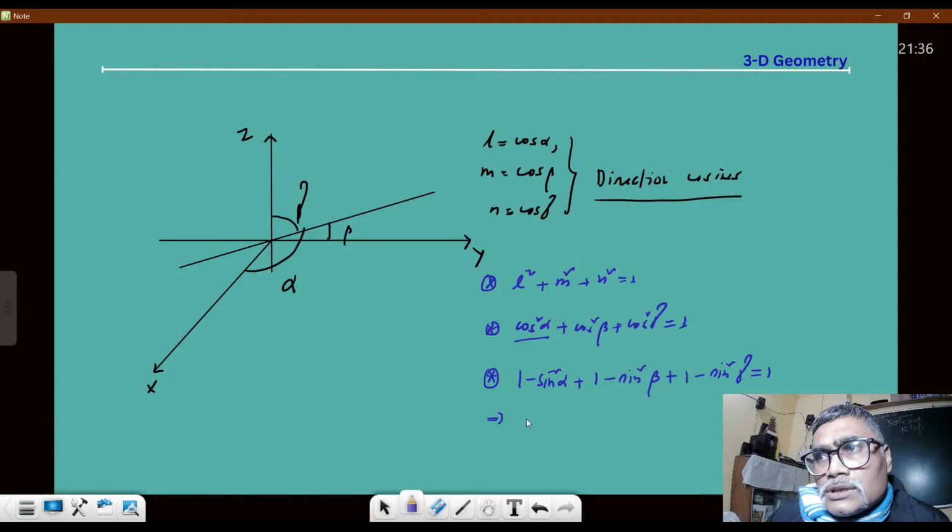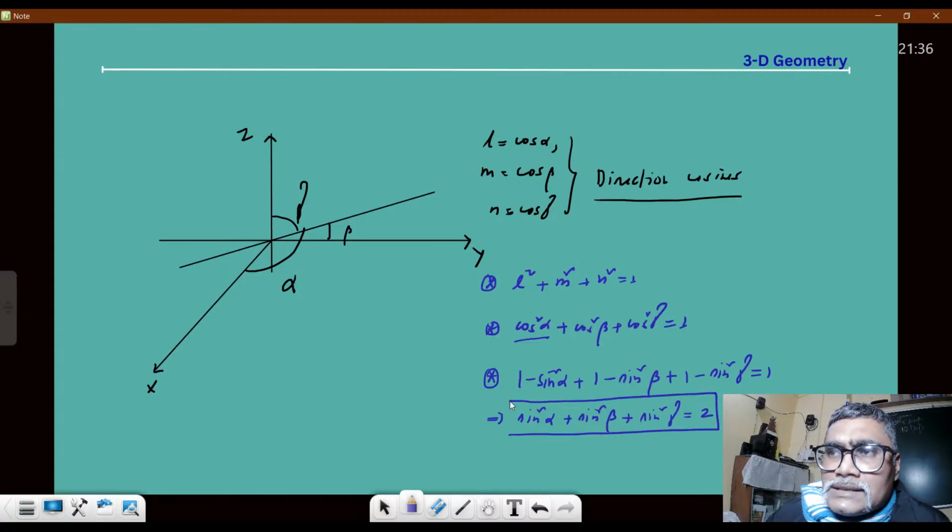This creates one more result for us: sin square alpha plus sin square beta plus sin square gamma equals 3 minus 1, which is 2. I have seen there are MCQs where they ask to find the value of this, and this can be a 2 mark question. Similarly, you can take the help of a class 11 identity. I am telling you this question exists, so I'll not do it here.